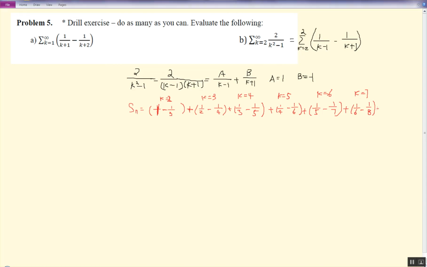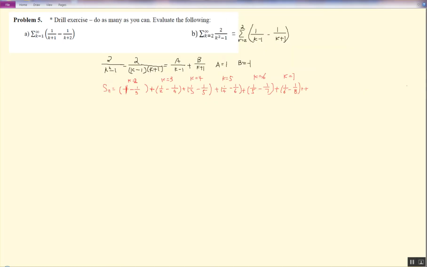So you just continue. I actually need more space here now. All right. When k is n minus 1, you have 1 over k minus 1, which is n minus 1 minus 1, that means n minus 2, plus 1 over k plus 1, which is n minus 1 plus 1, which is n.